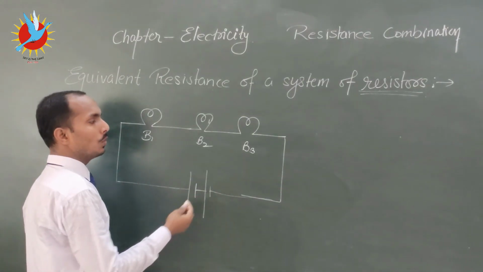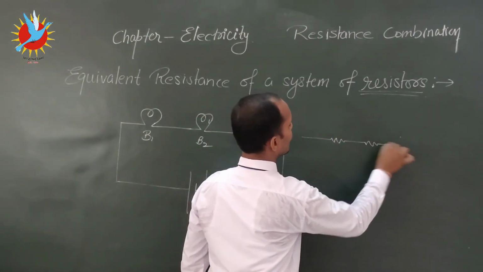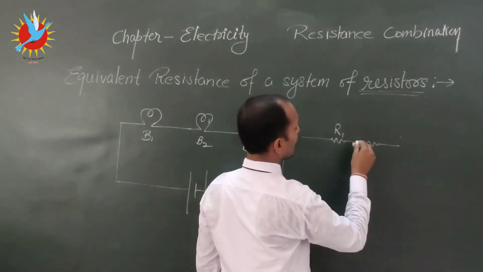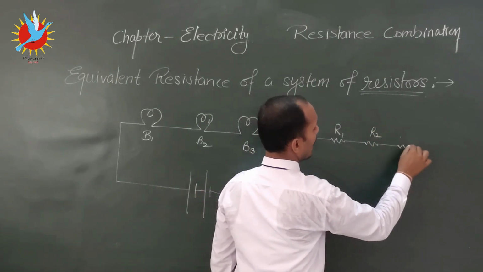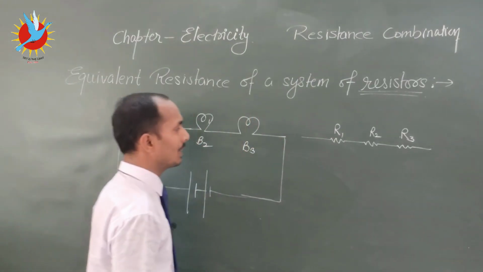You represent it like this: bulb 1 has resistance R1, bulb 2 has resistance R2, and bulb 3 has resistance R3.